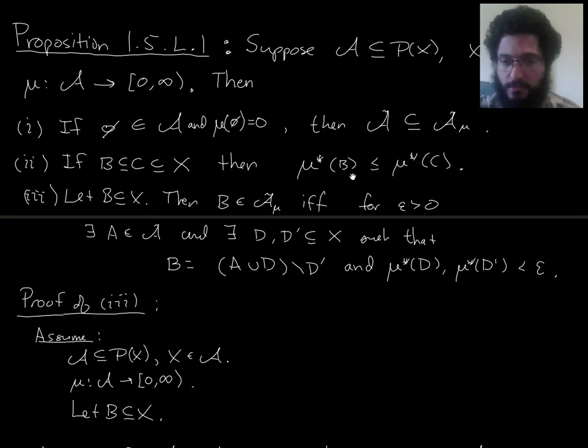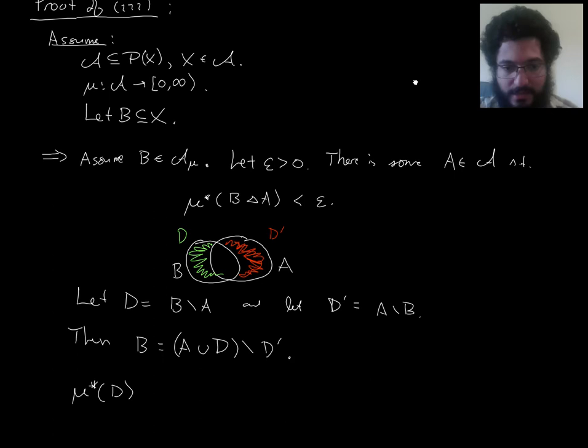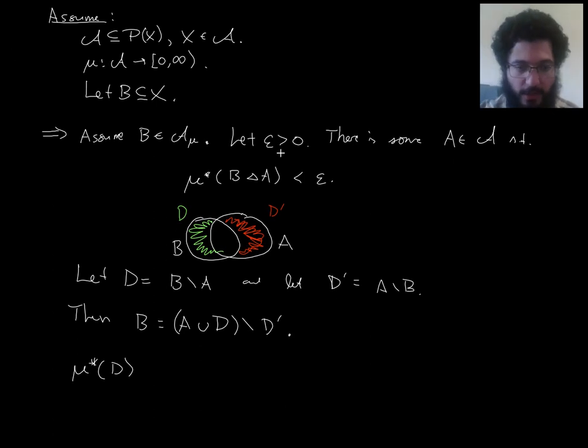That's just a word for preserving order. In this case, the order under inclusion of sets is preserved by mu star and becomes this ordering of real numbers. So due to part 2, since D is a subset of the symmetric difference, we have this.